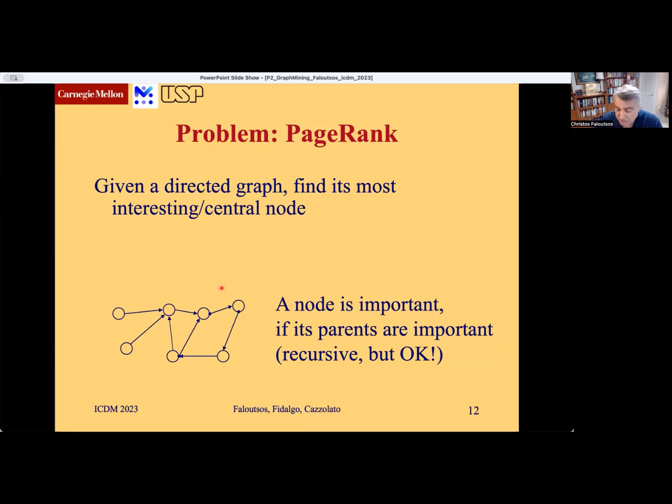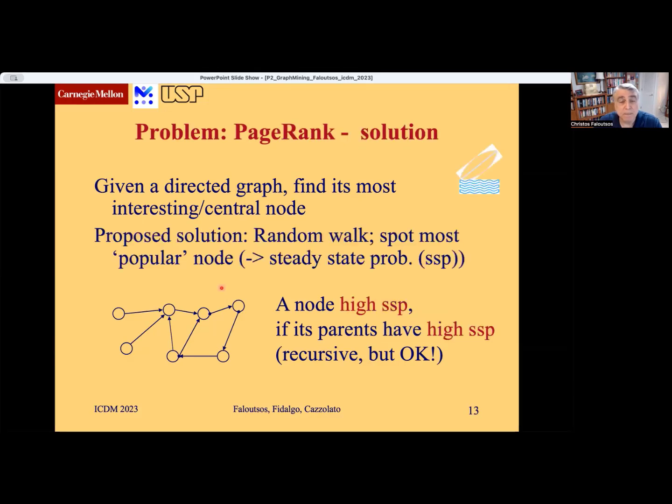So this is a recursive definition, which normally doesn't make sense, right? A cow is an animal whose mother is a cow. This is not a definition. But for the case of graphs, actually, this converges, as you might suspect, to a singular value or eigenvalue.